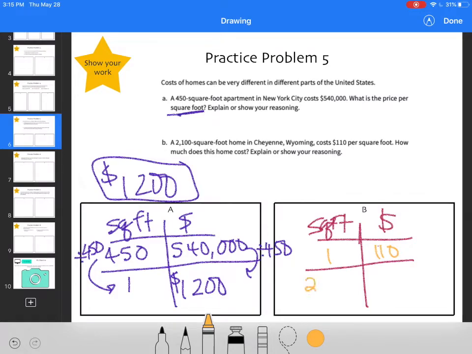I want to figure out what 2,100 is. So I'm going to multiply by 2,100. So I'm going to take my calculator and I'm going to go 110 times 2,100. I get $231,000. So I get a much bigger house for half the price.